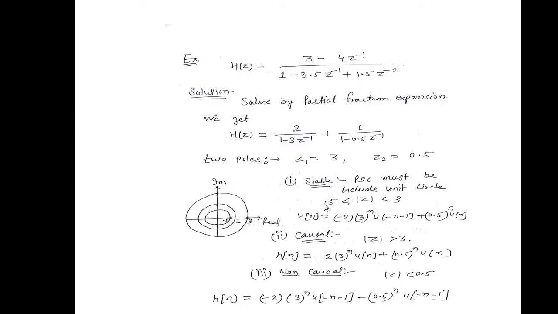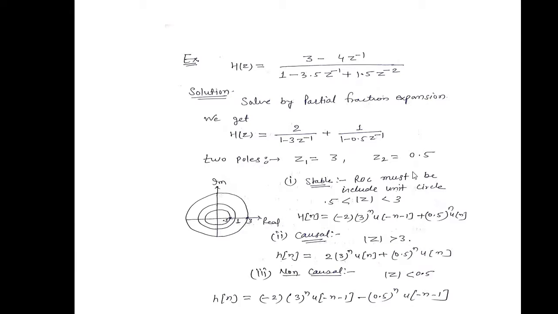For ROC greater than 0.5, the signal is right sided, and for ROC less than 3, the signal is left sided. For a left sided signal we should write u(−n−1), and for a right sided signal we should write u(n). So for this 0.5, this part is right sided and this part is left sided.